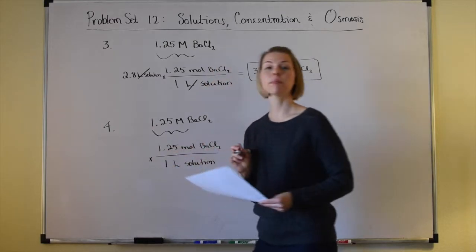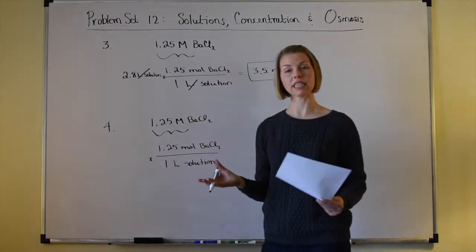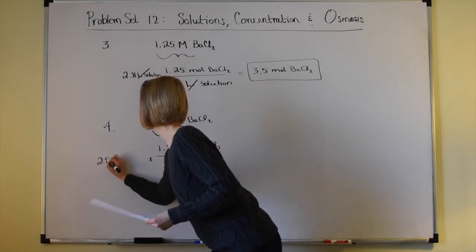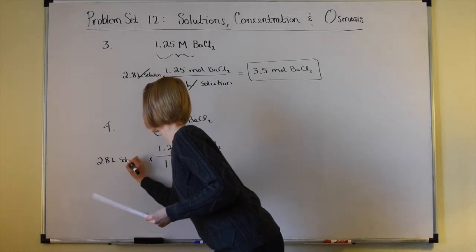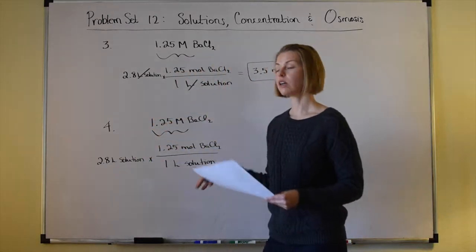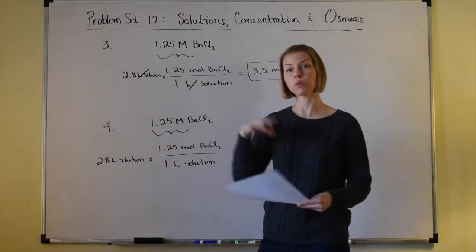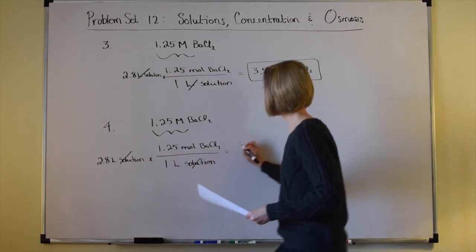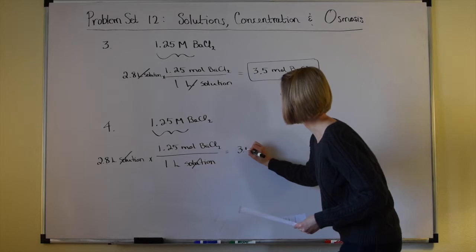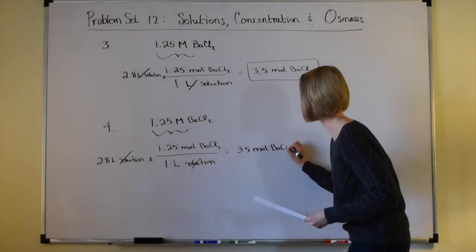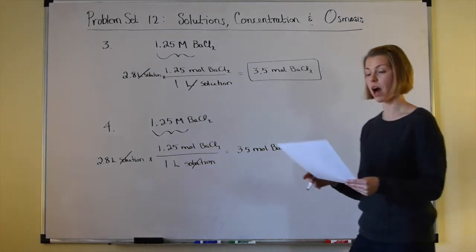But just like the problem above, we're not talking about 1 liter solution, we're talking about 2.8 liters of solution. So although molarity is always out of 1, we're not talking about just 1 liter, we've got more than that. Okay, so we already did that problem. So we know that we're talking about 3.5 moles of barium chloride. We actually got that answer from above.